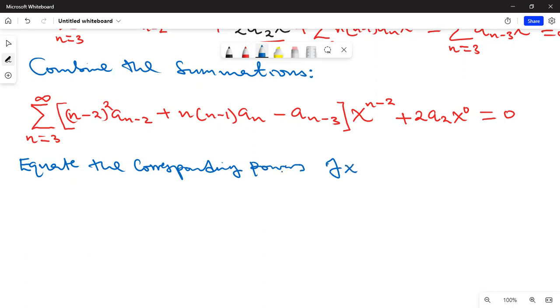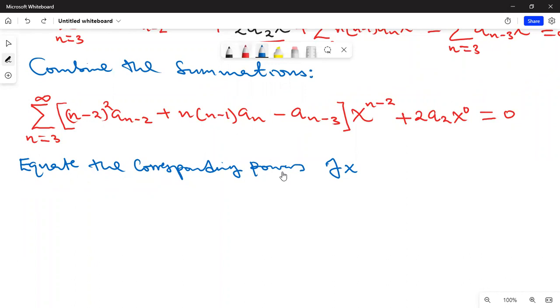You see here we have 0 x raised to 0 plus 0 x raised to n minus 2. Because the right hand side is 0, so I'm just writing so that you can see what is happening. I don't need to write that. So let me just rub it.